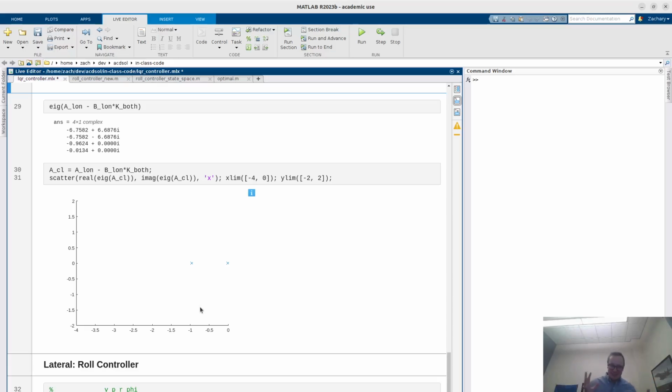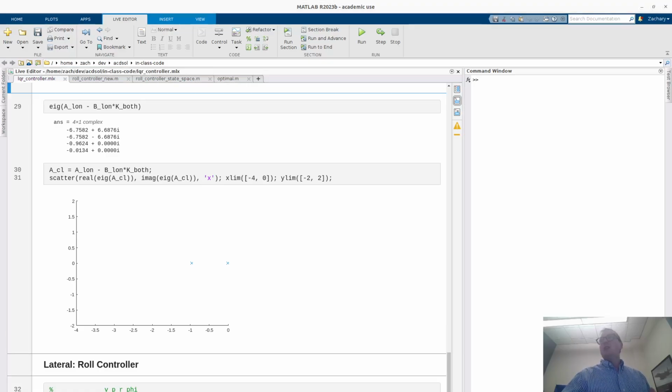Okay, so here's the real kicker with LQR. This is why it's effective. This is why I love it. During the last part of class, it was basically 2 class periods designing the roll controller. And you can see that here. Let's look back at our notes for this.